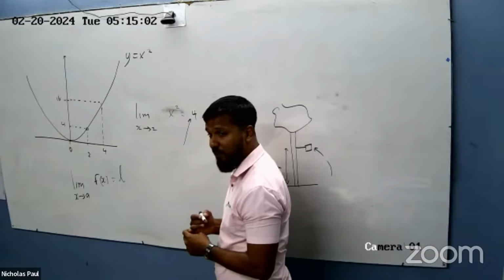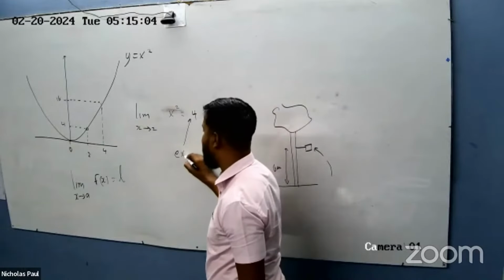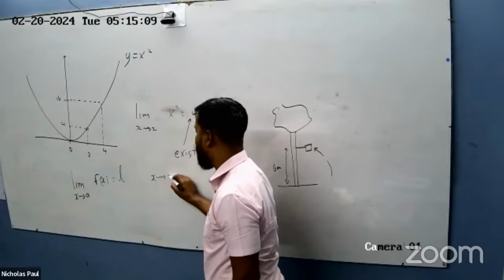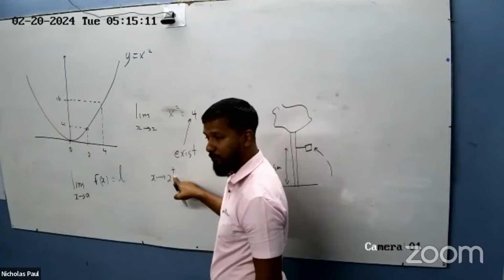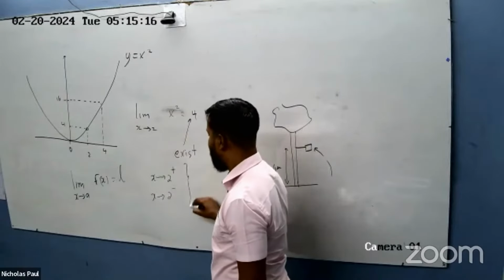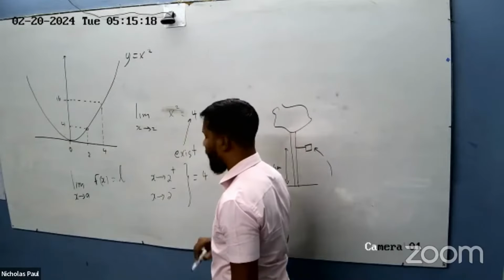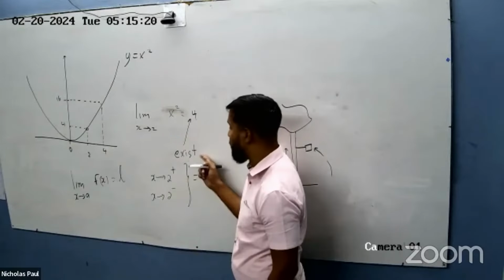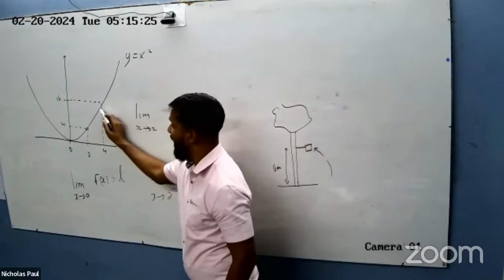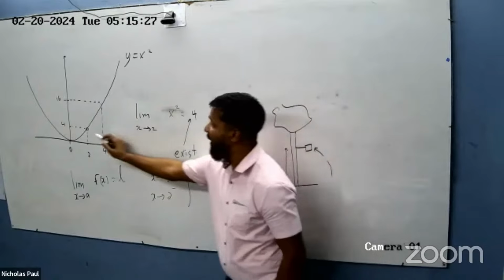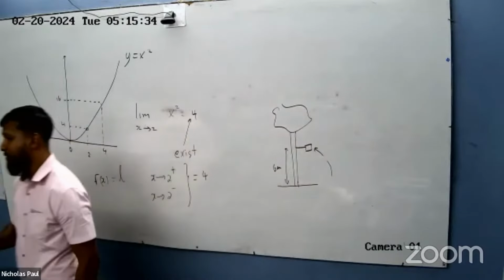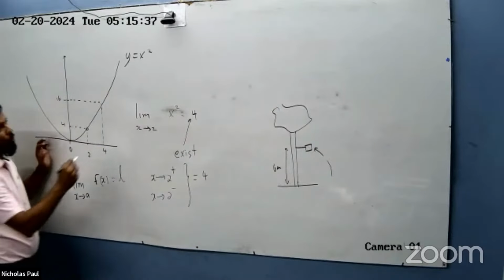So the only way this limit will exist is if, as you approach 2 from the right and you approach 2 from the left, both of them give you the same answer, which is 4. That's the only way a limit will exist. If you approach from the right and from the left and you get the same value, the limit exists, right?